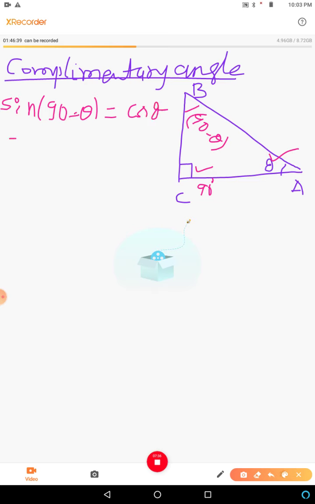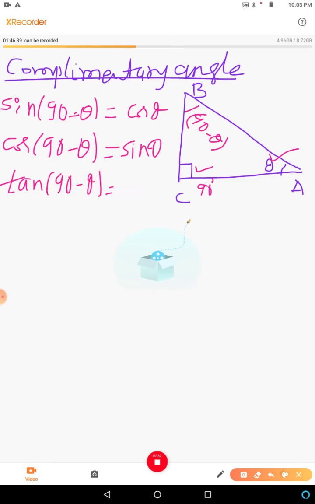In the same manner, cos of 90 minus theta will be sin theta. Also tan of 90 minus theta will be cot theta. So these are complementary angles.